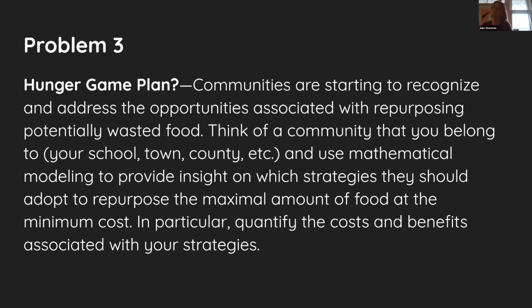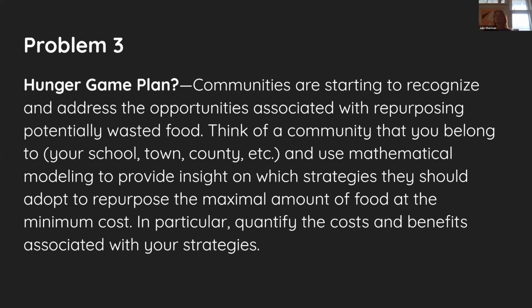Specifically, it says communities are starting to recognize and address opportunities associated with repurposing potentially wasted food. Think of a community you belong to and use mathematical modeling to provide insights on which strategies they should adopt to repurpose the maximal amount of food at the minimal cost. In particular, quantify the costs and benefits associated with these strategies.